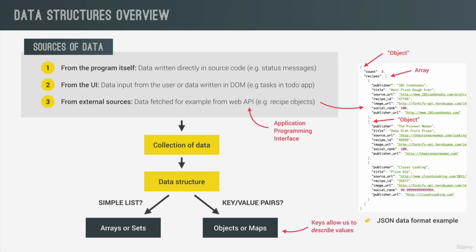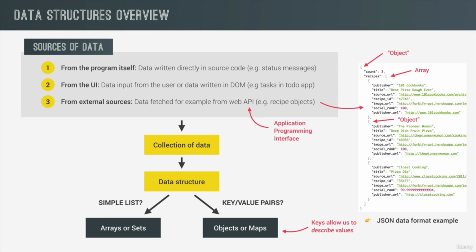So all we want is basically a simple list where all the recipes are held together. And so here, an array is the perfect data structure for that. And in fact, creating an array of objects is extremely common in JavaScript. Now you will be working with this kind of data all the time as a professional JavaScript developer. And that's why I'm placing so much focus on this here.